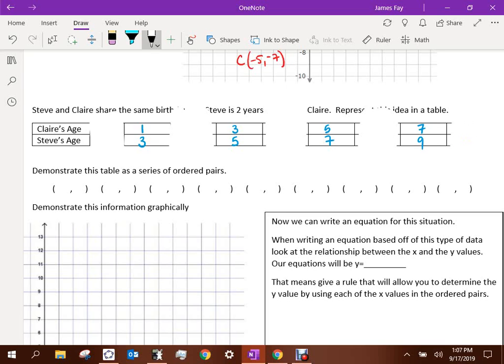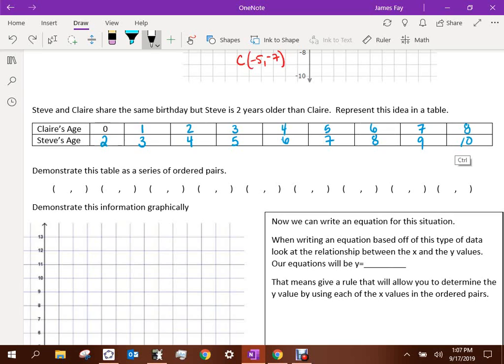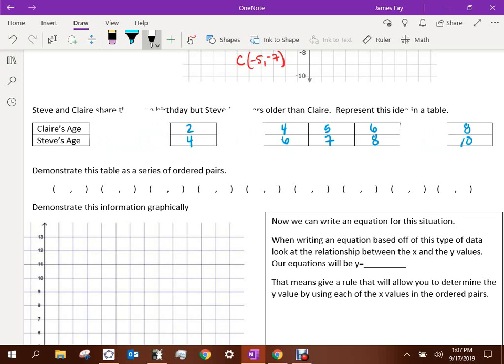Still gives me those relationships, right? I can still find out Steve's age. I could do something like, let's start Claire at 2, then when she's 4, and now 5, 6, and then 8, okay? But do you see how from 2 to 4 I jumped 2 years, and then 4 to 5 is 1 year, 5 to 6 is 1 year, and then 6 to 8 I jump again 2 years?